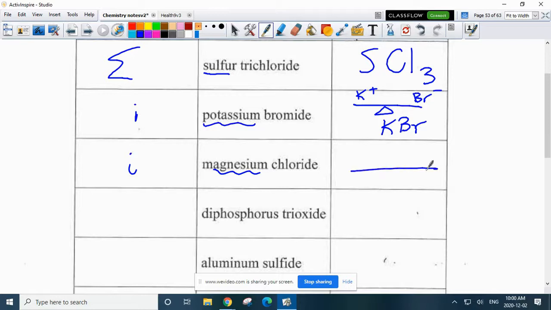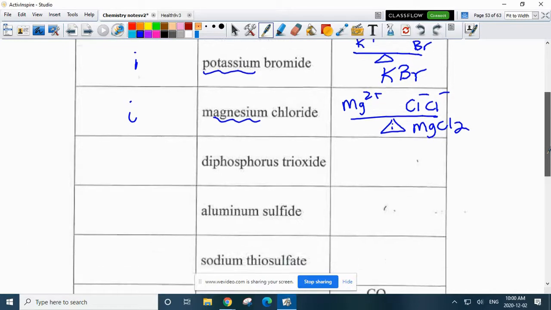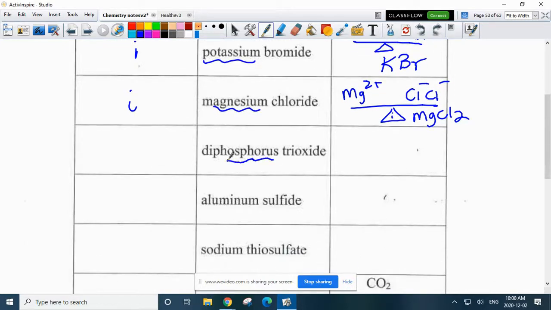Because it's ionic, I know I have to draw this with my charges in there, and it's Mg2+ Cl-, but I need another Cl- to balance it out, so that gives me MgCl2. Next one, I can see phosphorus, so it's molecular, so must use prefixes, and there it is: di tells me P2, oxide tells me O, and tri tells me 3.